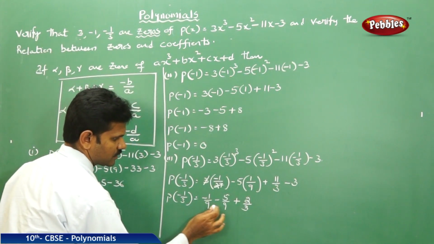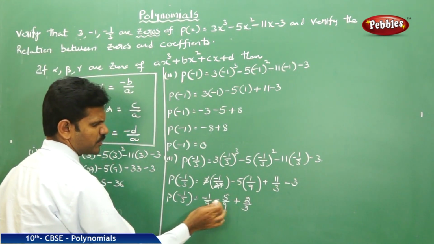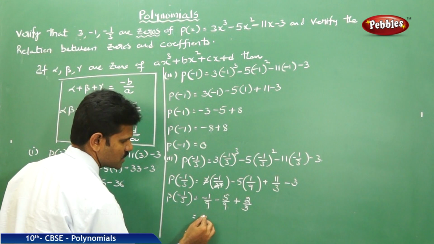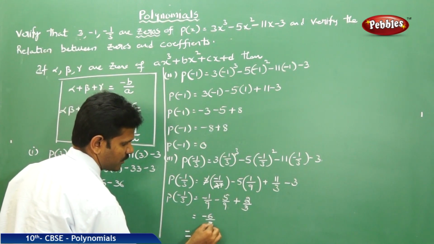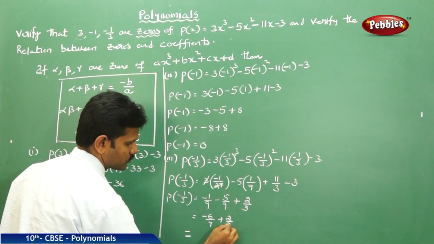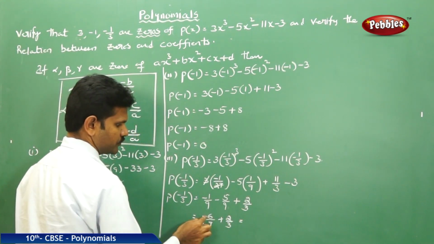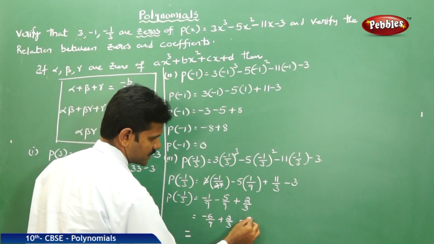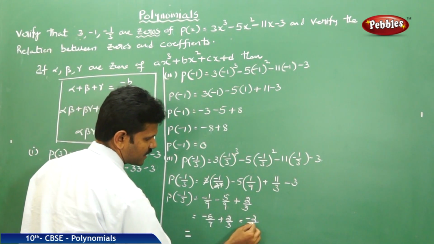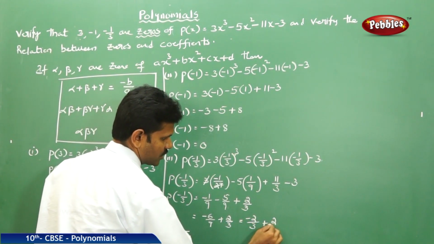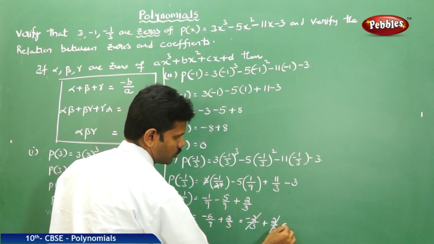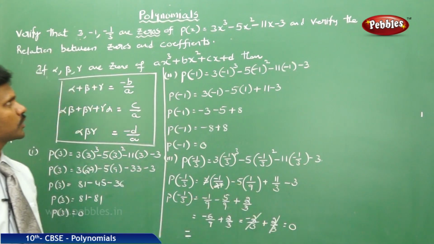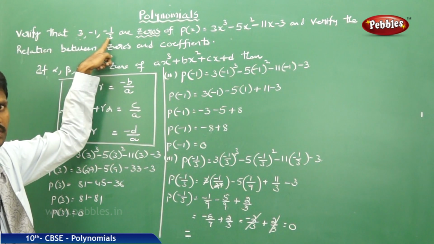Here the denominators are the same, which means the numerators you can simplify as they are, that is minus 1 minus 5 minus 6 by 9, plus 2 by 3, which is converted into the standard fraction, that is minus 6 by 9 cancels to minus 2 by 3, plus 2 by 3, which gives you 0. Therefore in the third case also I get the answer 0. Therefore I conclude that minus 1 by 3 is also a zero.